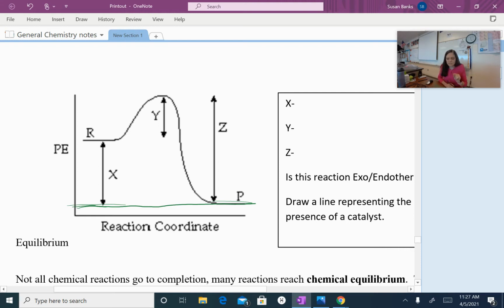So let's do some notes here. So R, right here, this is a symbol for reactants. And I cannot draw today or write reactants.